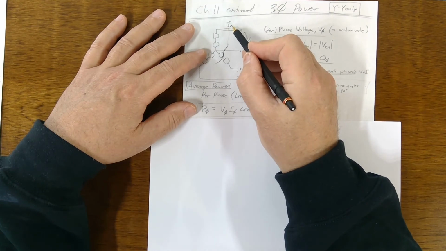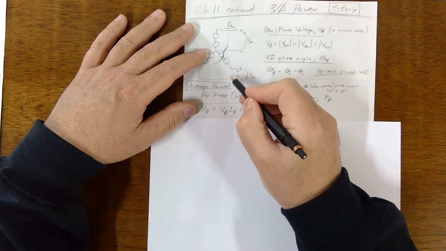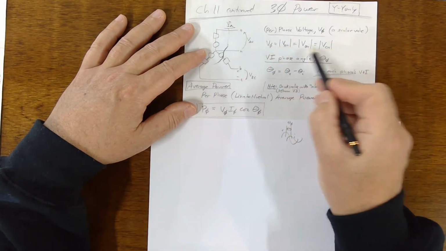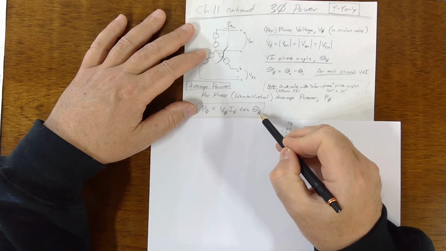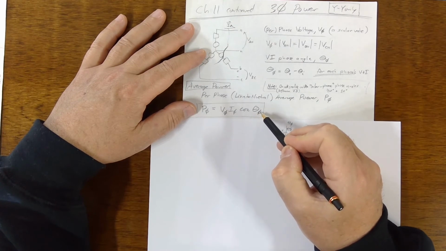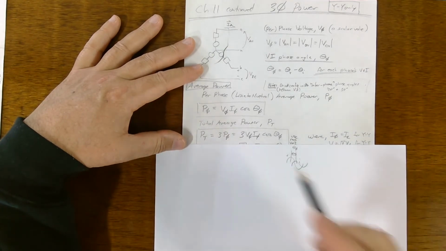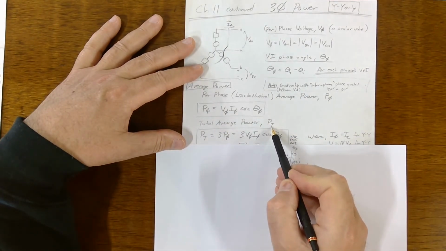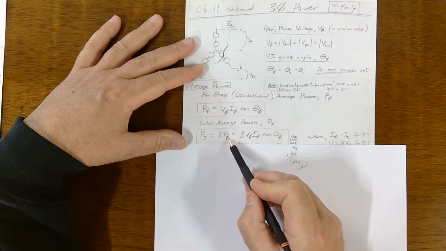I sub A would be one of the phase currents. There's also I sub B, there's also I sub C. They're all the same. It would be like this except for current. The total average power, P total, for all three phases, is just 3 times the phase power.